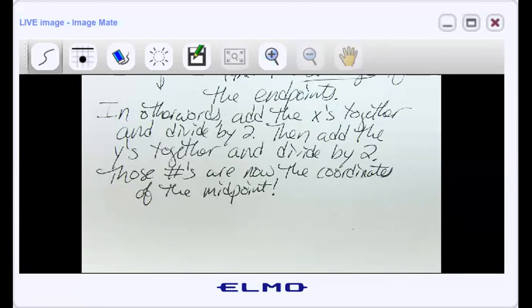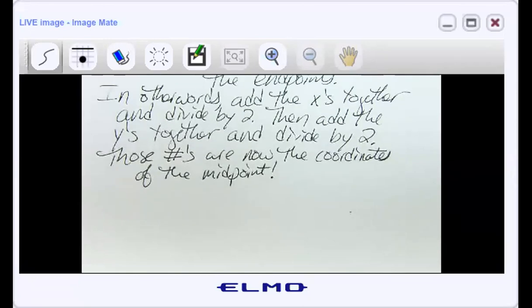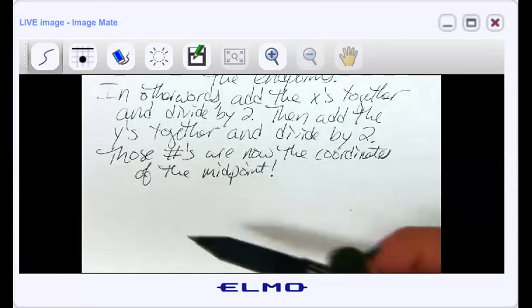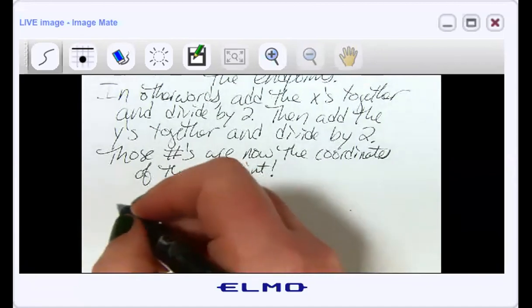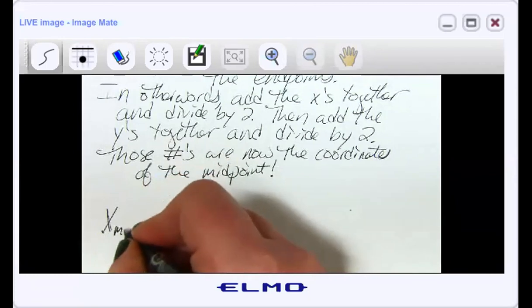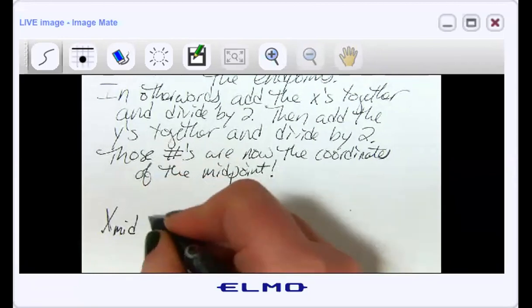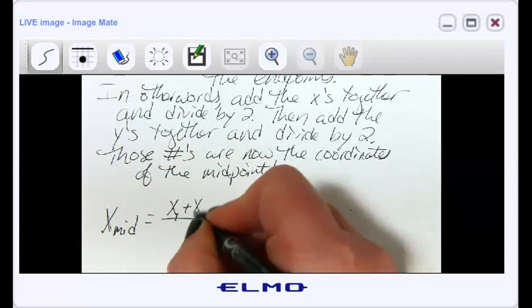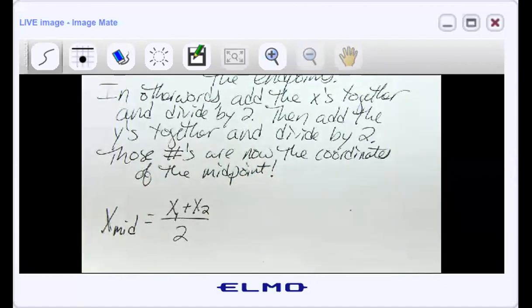Okay, so I'm going to show you what the formulas look like. So it's me just putting these words into math, right? So this is what it looks like. We're going to find the x coordinate of the midpoint by adding the first x and the second x together and dividing by 2.